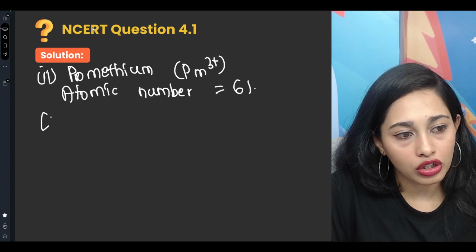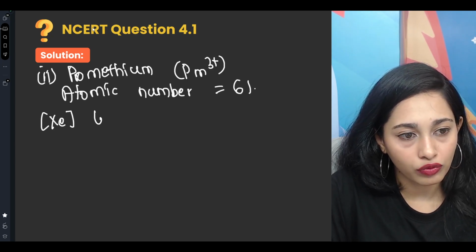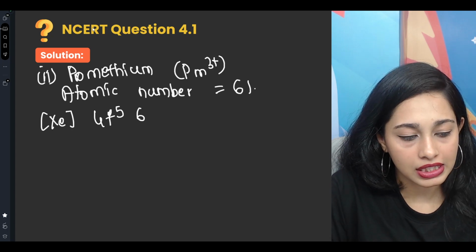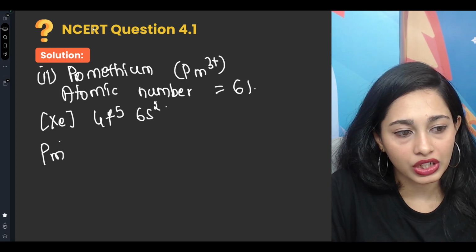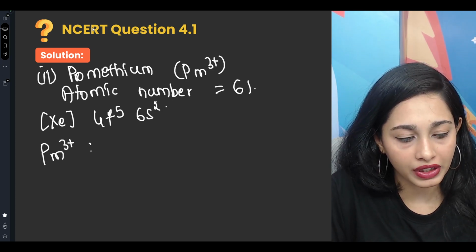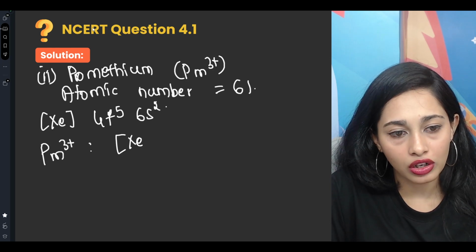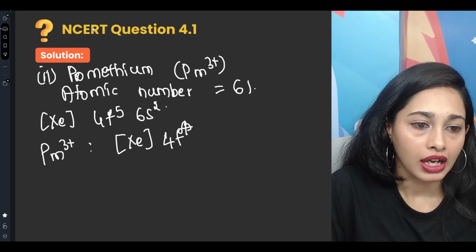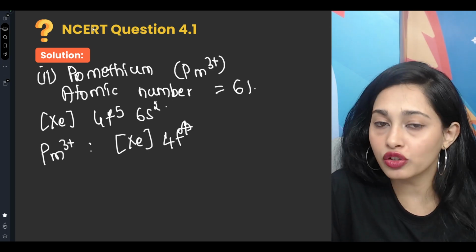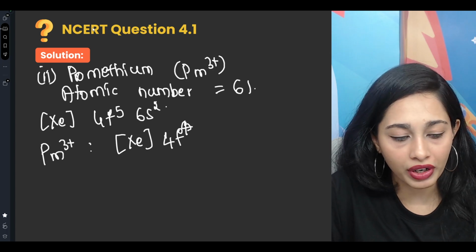So the electronic configuration is xenon 4f5 6s2. So for Pm3 plus, the electronic configuration is going to be xenon configuration followed by 4f4, as three electrons are removed.